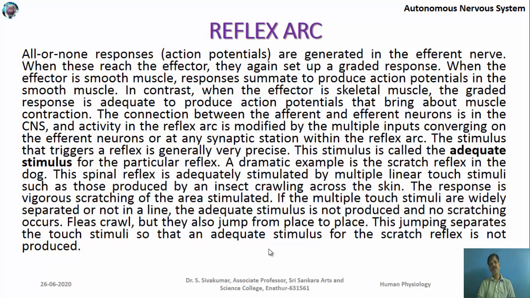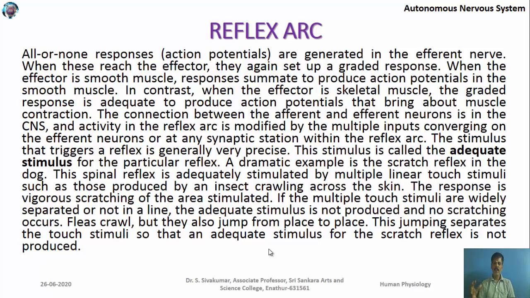An example for this type of reflex arc: you can see that when a tick moves from one place to another place, the dog starts to scratch its skin. How does the dog realize the crawling of the tick without seeing it? It makes the stimulation of the sense organ. Which is the sense organ? Skin.